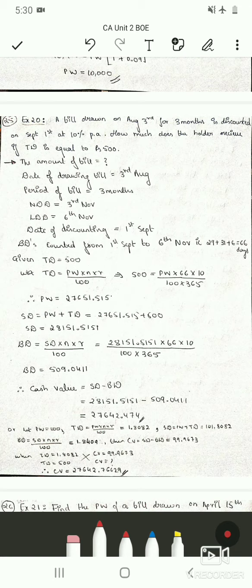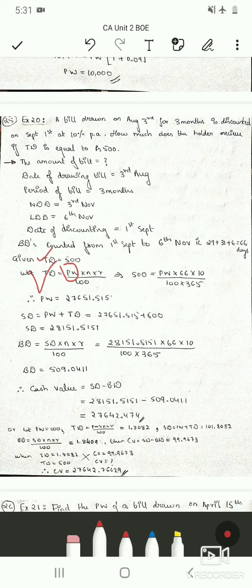I have solved completely. So again, you can assume the sum due to be 100 rupees or x, and simplify. Here everything is known. True discount is 500 rupees. From true discount you can get the present worth.